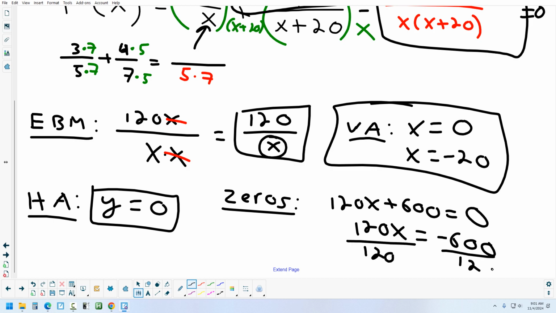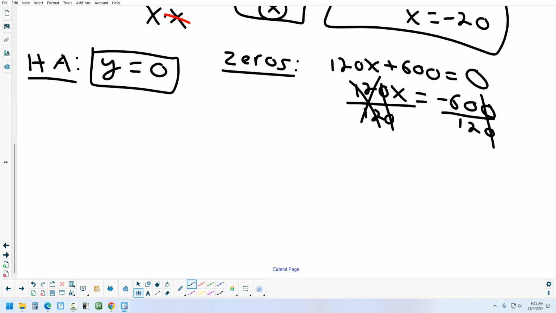To make that a little easier to think about in our head, we could cross the zeros off. 12 divided by 12, that's gone. What's negative 60 divided by 12? Negative 5. That's where this graph crosses the x-axis.